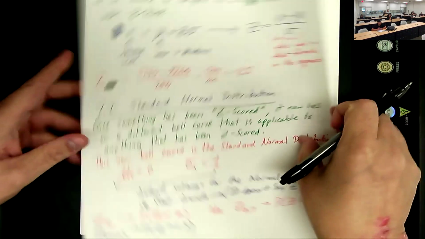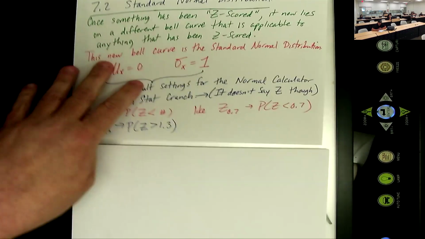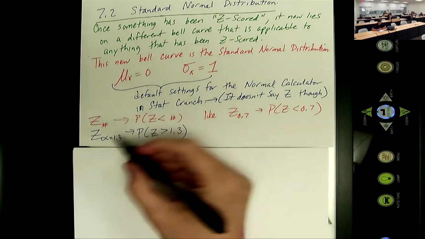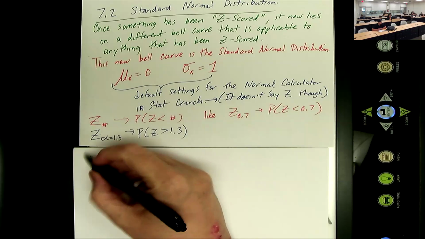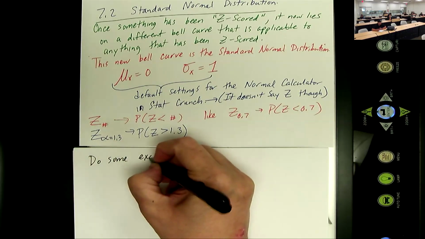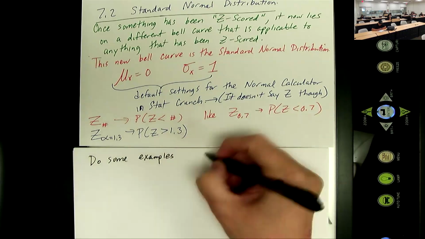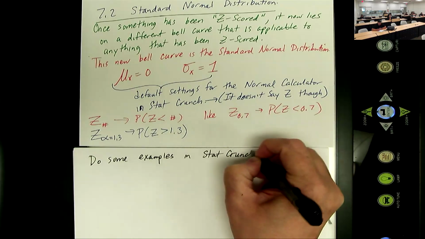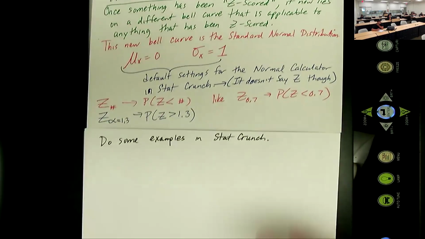This is actually the easier spot to see how those plus or minus deviations work too. We're gonna do a bunch of examples in StatCrunch. You gotta know how to use this calculator because it shows up a lot.